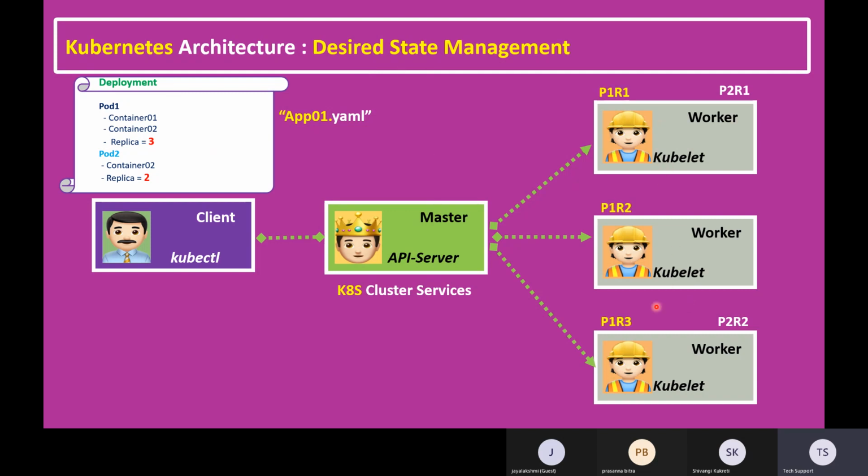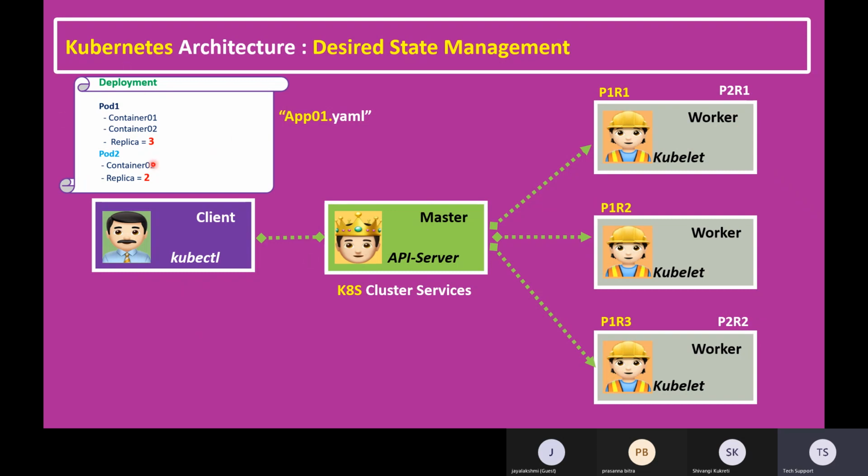If you see the right side diagram and compare it with the left side YAML deployment configuration, pod 1 has three replicas. So on the right side you can see pod 1 replica 1, replica 2, replica 3. The second pod has two replicas, pod 2 replica 1 and pod 2 replica 2.